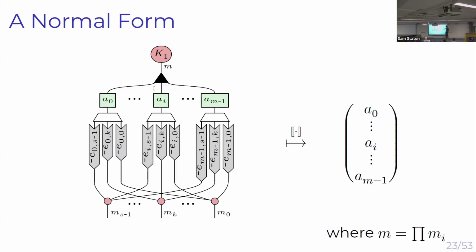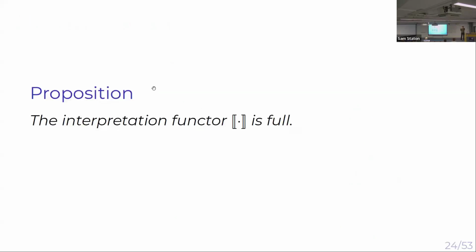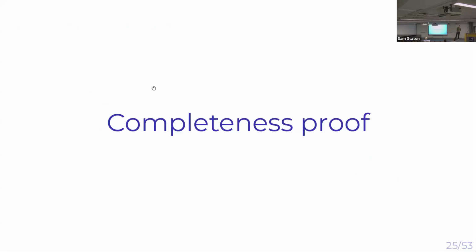Here, a_0, a_i, a_{m-1}, all in these Z boxes, and then connected in a certain way to the outputs. And the interpretation of that diagram will always be exactly this vector. One of the consequences of this normal form is that the interpretation functor is full, right? Our language is universal.